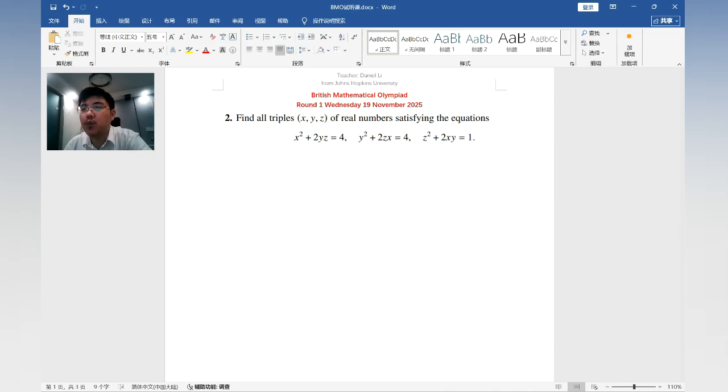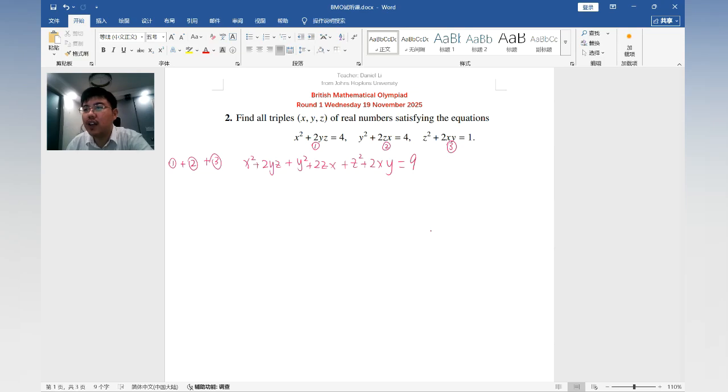So the first thing we can find here is we can add the three equations together. Let's say this is the first equation, this is the second equation, this is the third equation. 1 plus 2 plus 3, we have x squared plus 2yz plus y squared plus 2zx plus z squared plus 2xy equals to 4419.